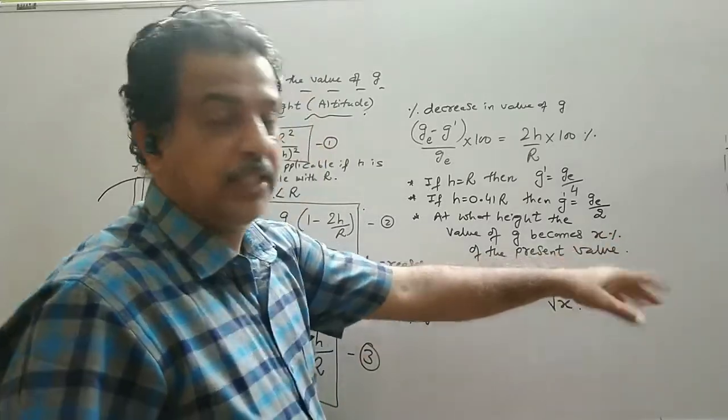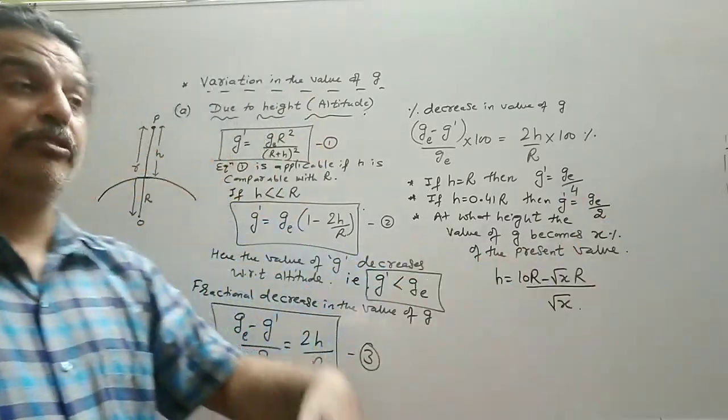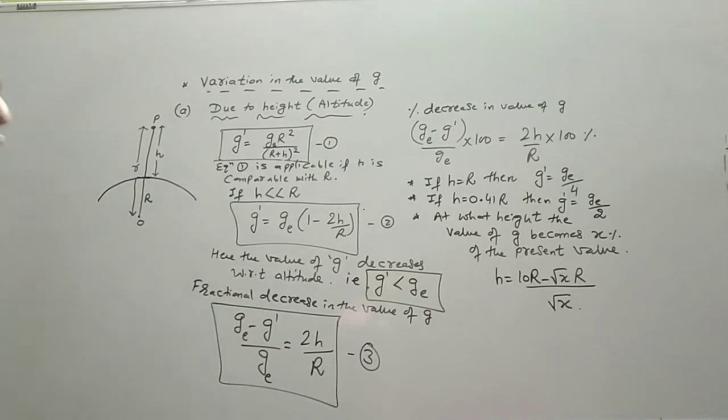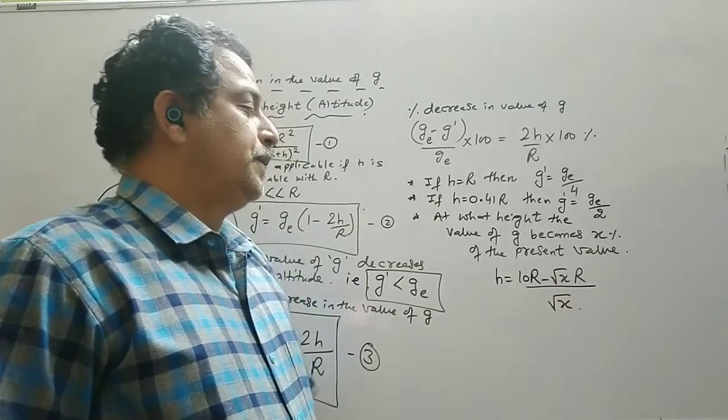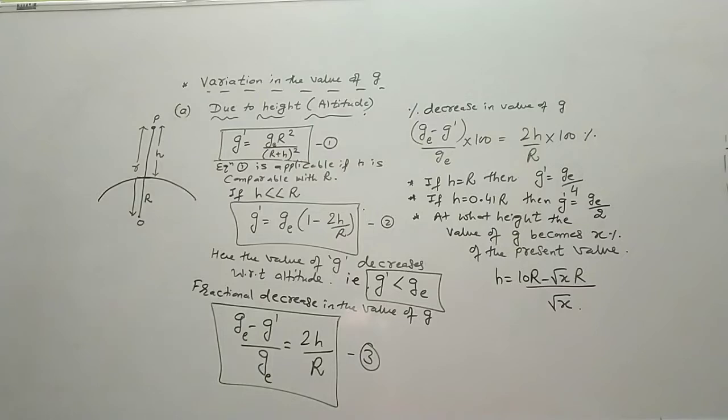This x% will be given, where the value becomes 50% of the present value or 2% of the present value. So you substitute this 2% directly at this point. So suppose the value becomes 2% of the present value.